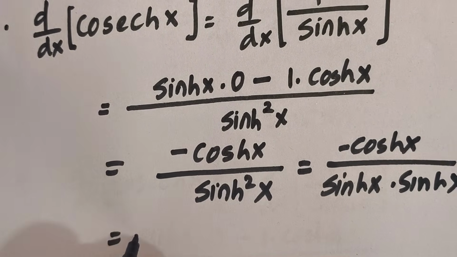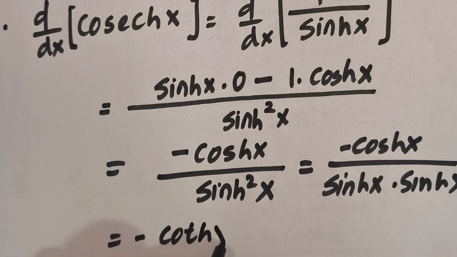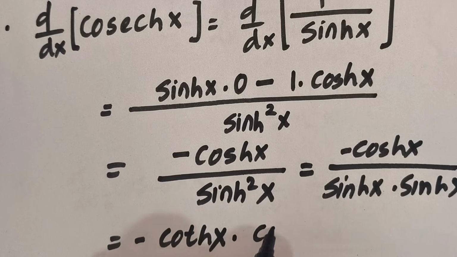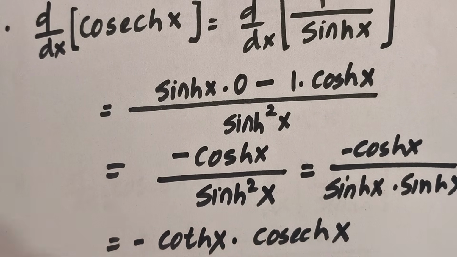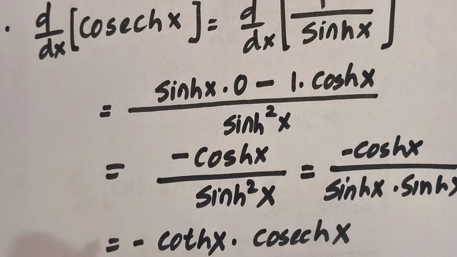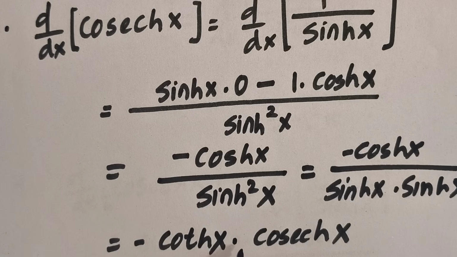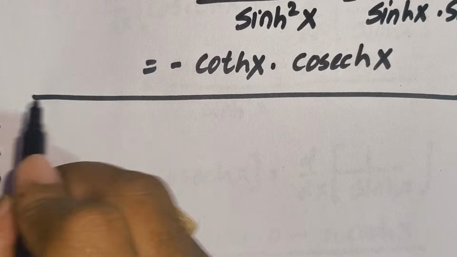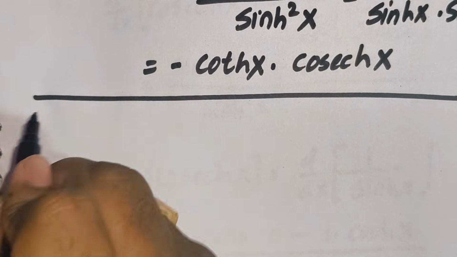This can be written as hyperbolic cotangent, and we have 1 over hyperbolic sine, which is hyperbolic cosecant. So the derivative of hyperbolic cosecant is minus hyperbolic cotangent times hyperbolic cosecant. The derivatives of the other two hyperbolic functions you can find in this way. So let's collect all the derivatives in a single frame.